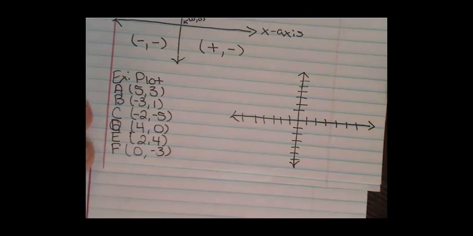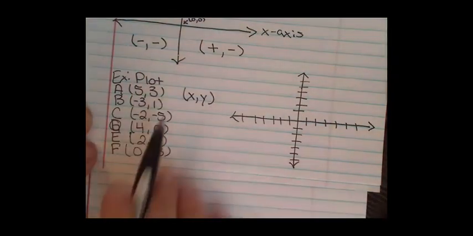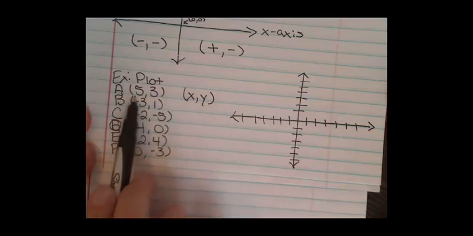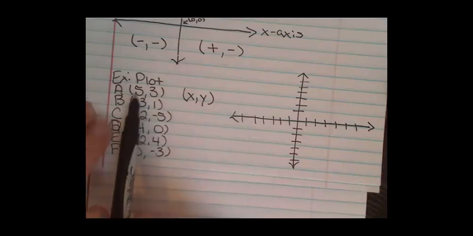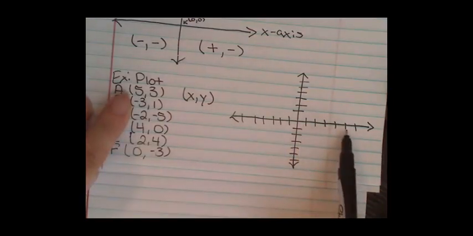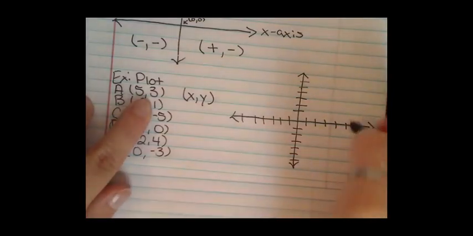If we're looking at point A, it says that we need to go (5, 3). Remember that our points are going to be in xy form. So we're going to move our x value first and then our y value. This one says (5, 3). That means we go to the right 1, 2, 3, 4, 5 places, and then it's a +3, so we go up 3 places. 1, 2, 3.